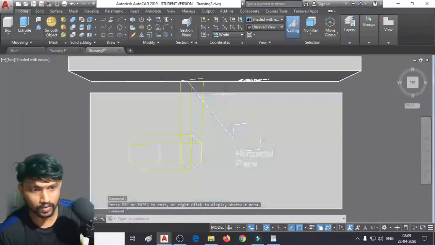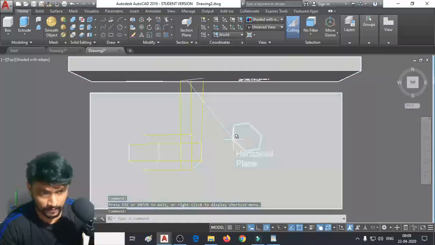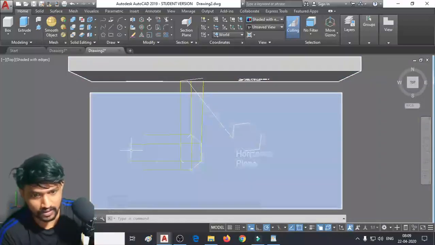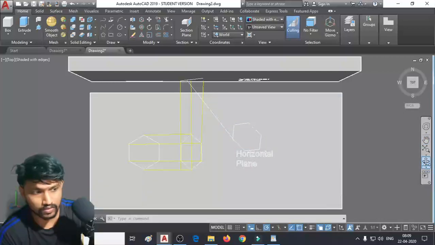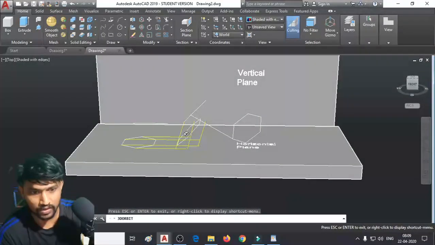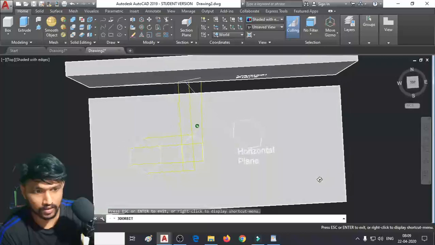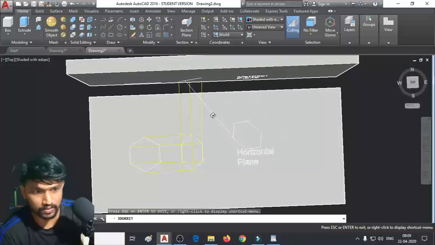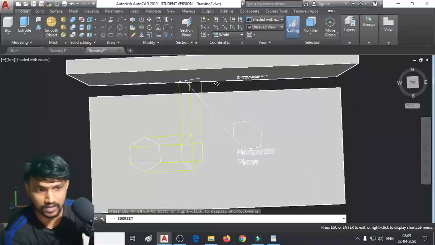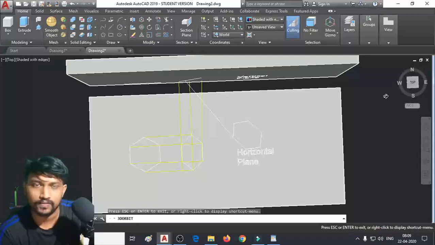So in the top view right now, see here, we have selected this edge initially. We have rotated this 145. Right now we have kept this particular edge at an inclination of 60 degrees with the vertical plane.